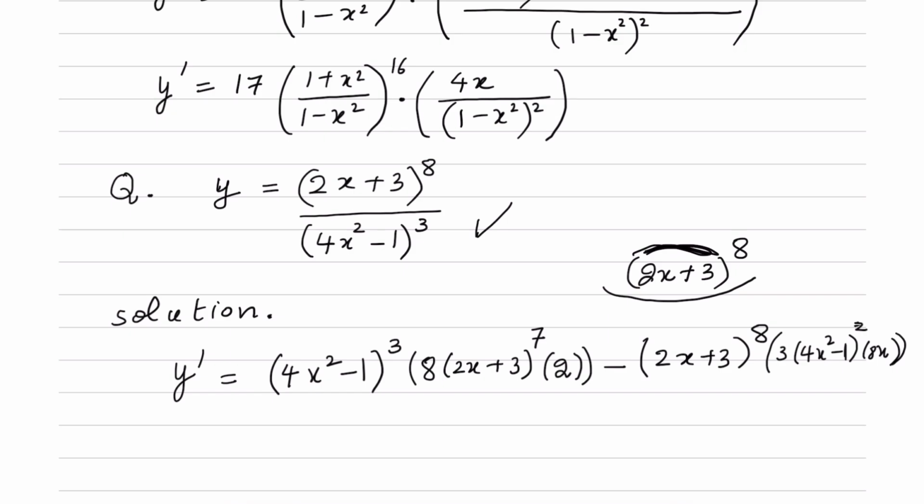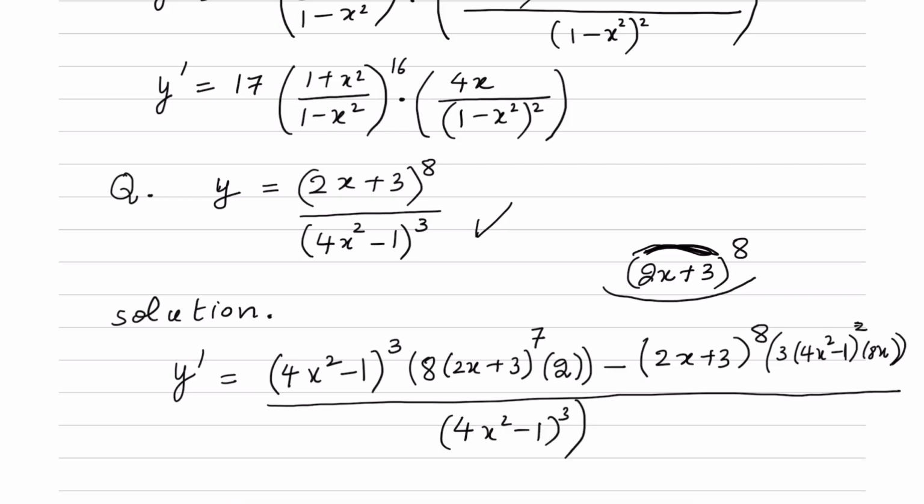Lower term as it is, upper term derivative, minus upper term as it is, lower term derivative, whole divided by lower term as it is, and then its whole square.